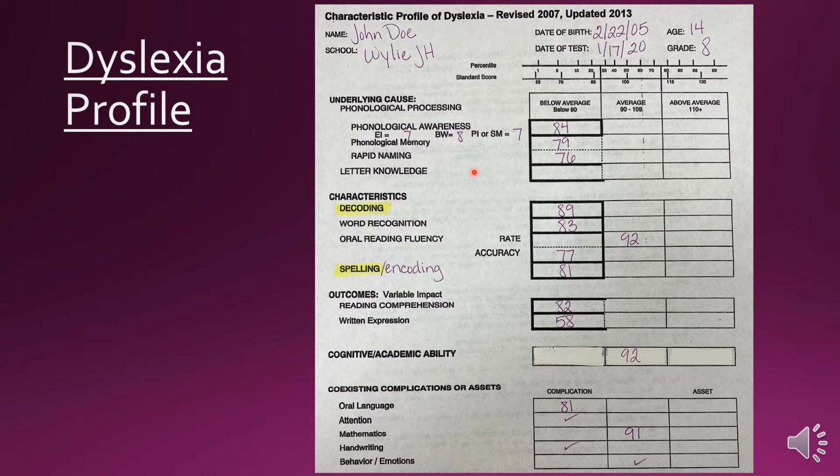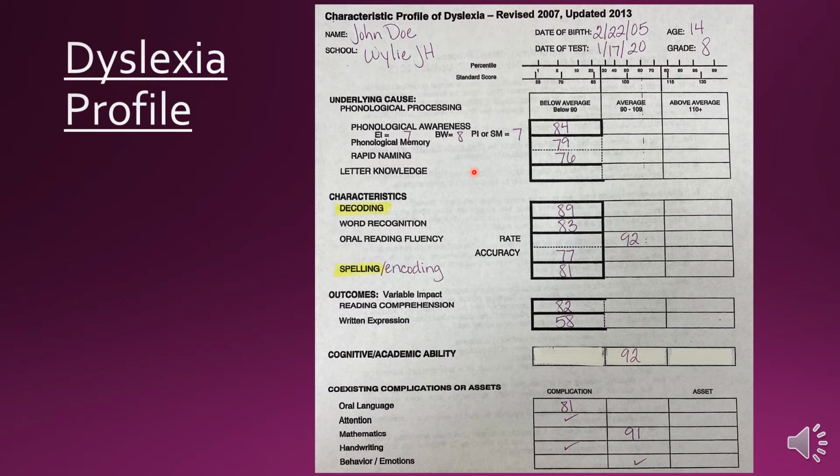You are able to pick out parts of a word, phonological memory, and rapid naming of letters and numbers. It's all about those sounds and your working memory.